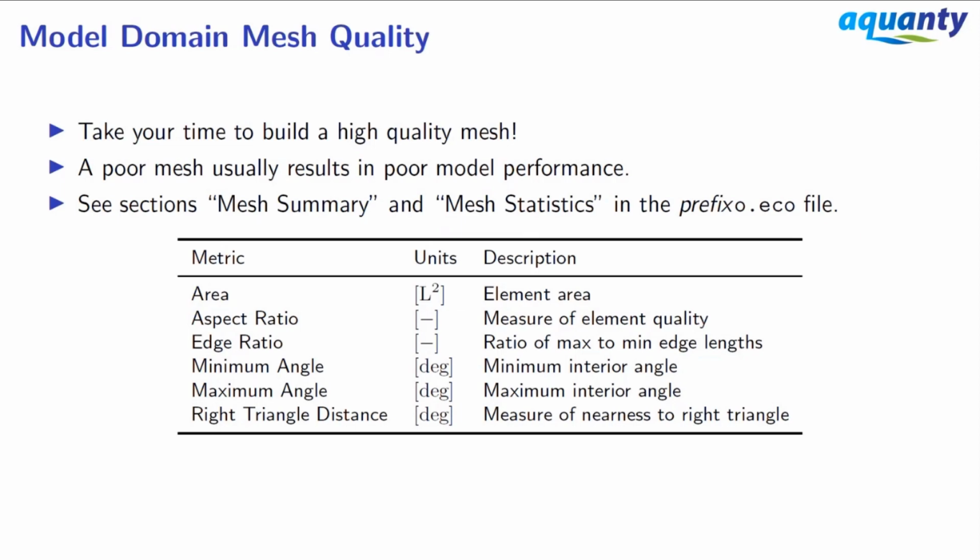The mesh statistics focus on the 2D planar mesh, and they provide information on element area, the aspect ratio of the elements, which is essentially a measure of element quality, edge ratio, minimum angle, maximum angle, and then in the case of a triangular element mesh, also the distance to a right or nearness to a right triangle. It's a good idea whenever you're running HGS to always consult the mesh statistics to make sure that you have a good quality mesh before proceeding with your simulations.